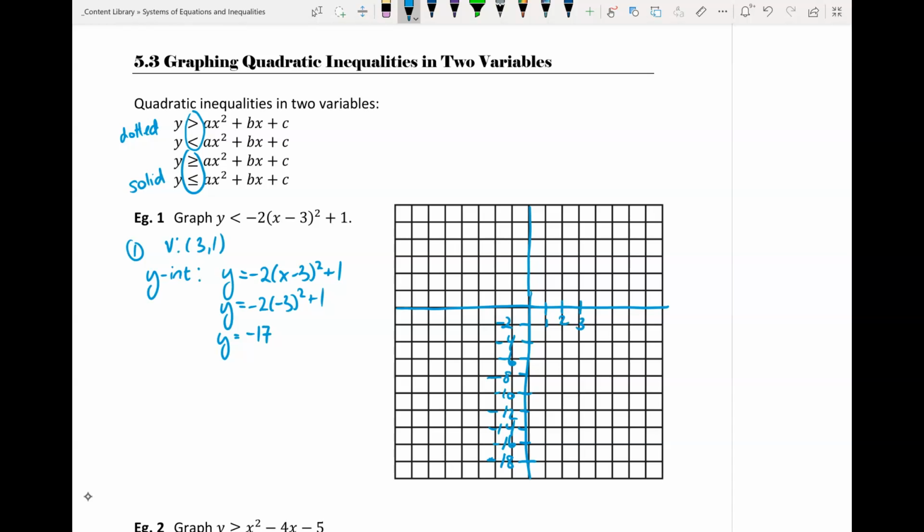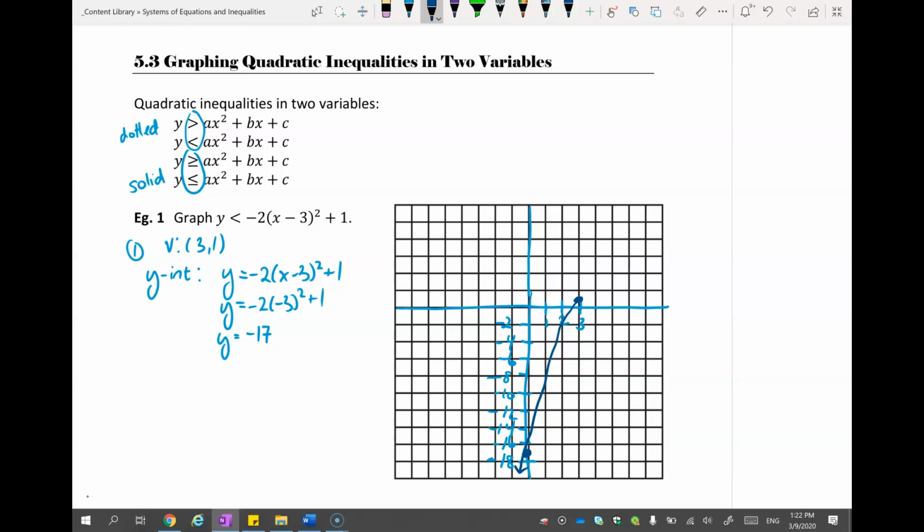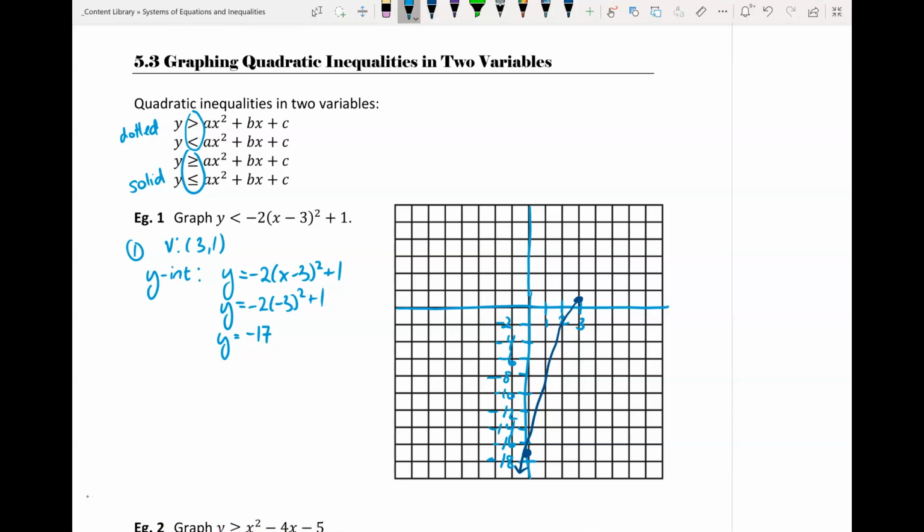I'm going to graph 3, 1, which is this point here, and also graph 0, negative 17, which is about here. And then I'm going to connect those 2 points, extend a bit for the arrow, and we know that our parabola is symmetrical on each side of that axis of symmetry, which is located at x equals 3. So I know that there's also going to be a point then at 6, negative 17.